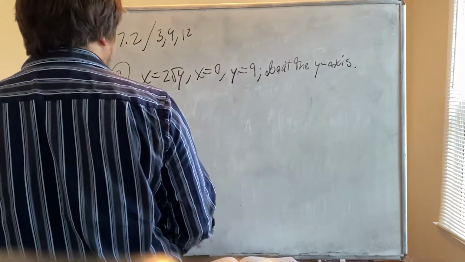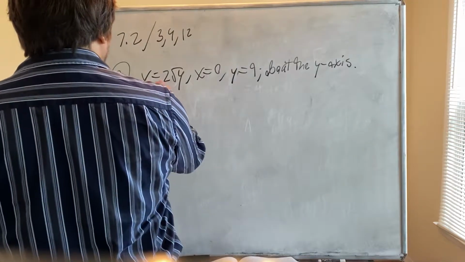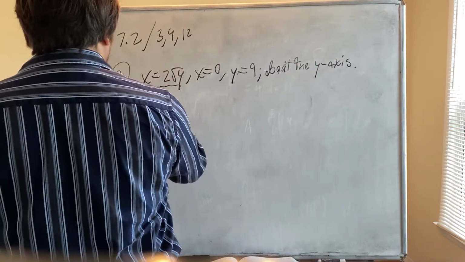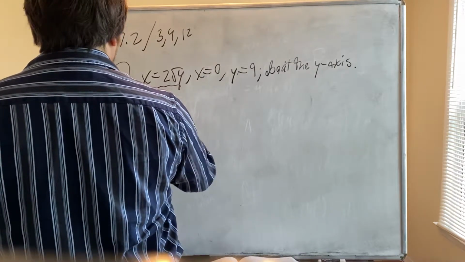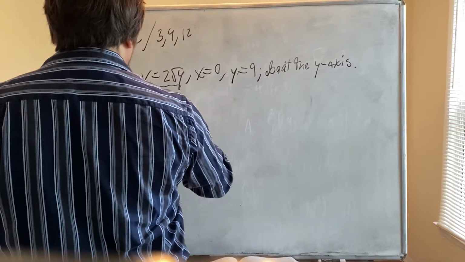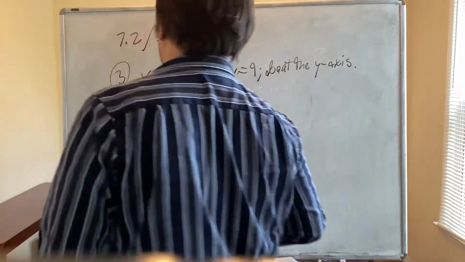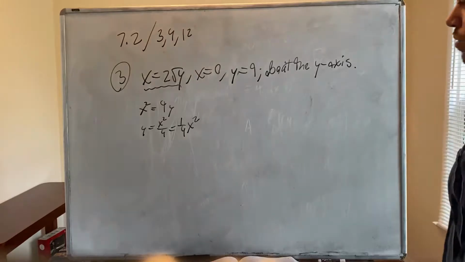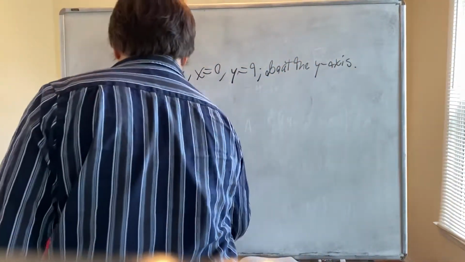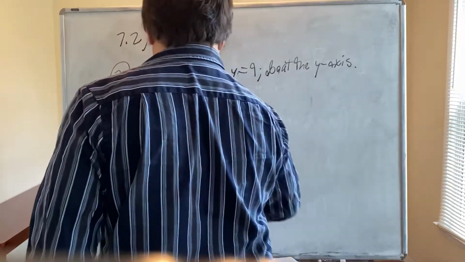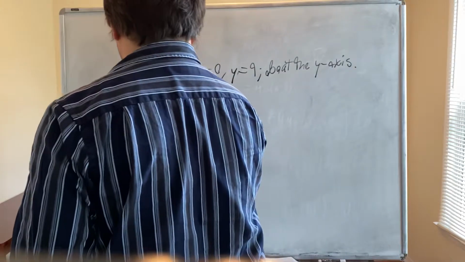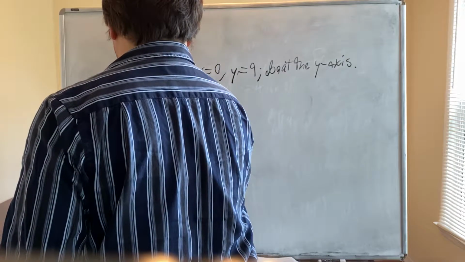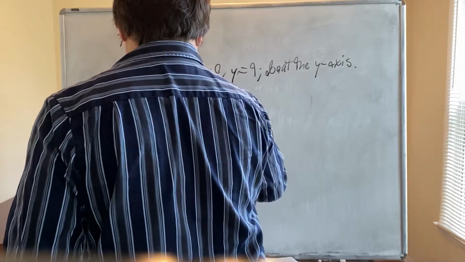So let's graph that function. x equals 2 root y. If I square both sides, I get x squared equals 4y. That means y is equal to x squared over 4, or 1/4 x squared. So x equals 2 root y is equivalent to y equals 1/4 x squared, which looks something like that.